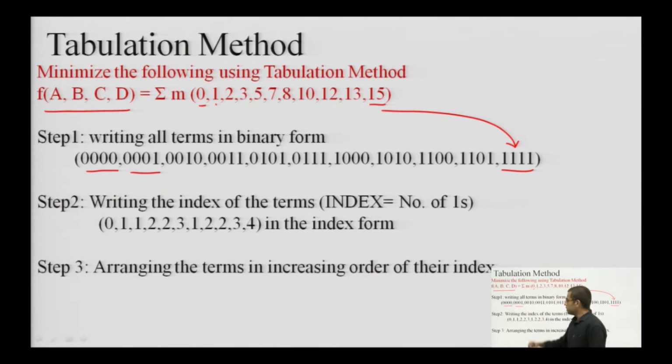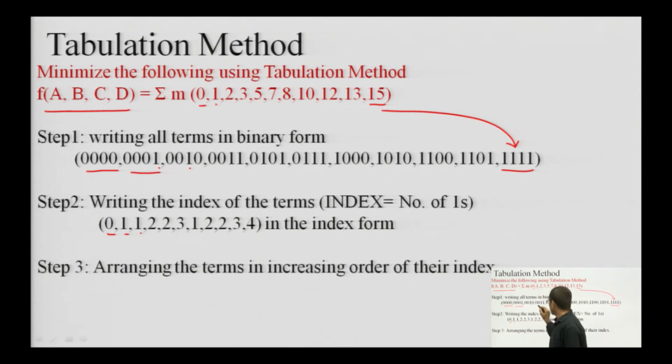After writing all these min terms in binary, we have to find how many ones are present in these terms. We can check that in the first min term there is no one present, so I have mentioned 0 here, and here there is a single one, so I mentioned 1. Again I can see that there is a single one.